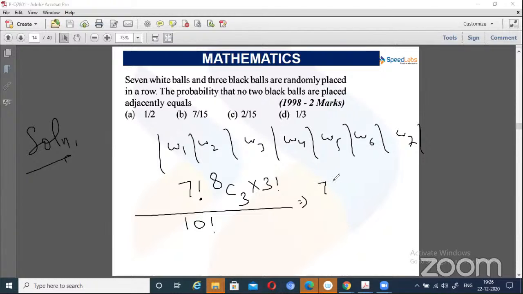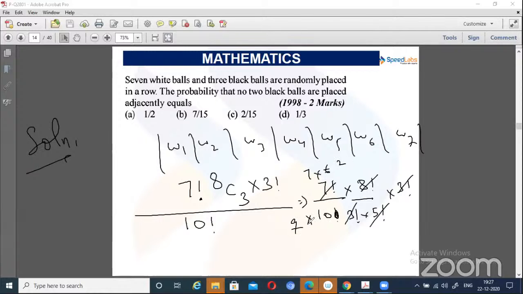So this is the same as 7 factorial by 10 factorial into 8C3 into 3 factorial, which gives 7 into 6 by 10 into 9. The answer would be 7 by 15. This is the answer.